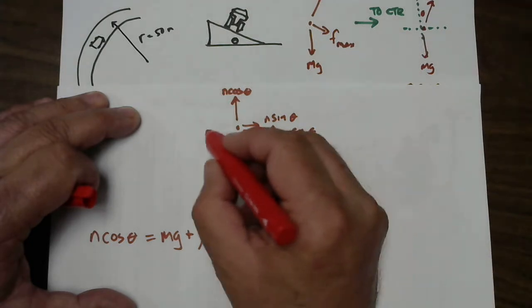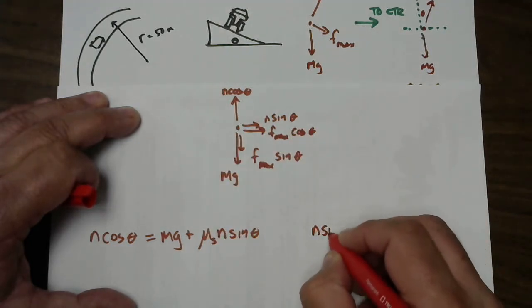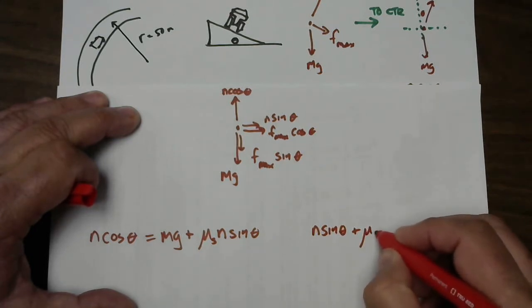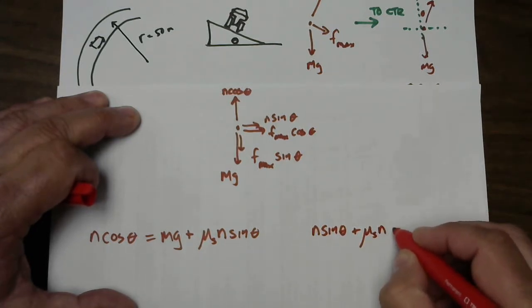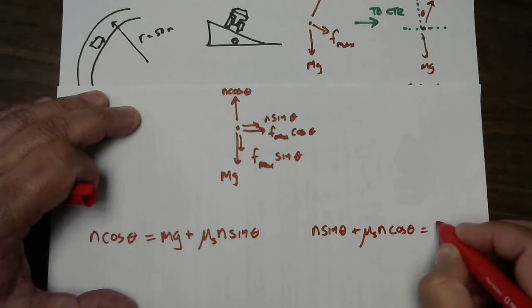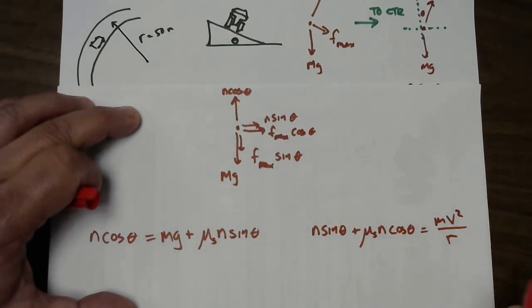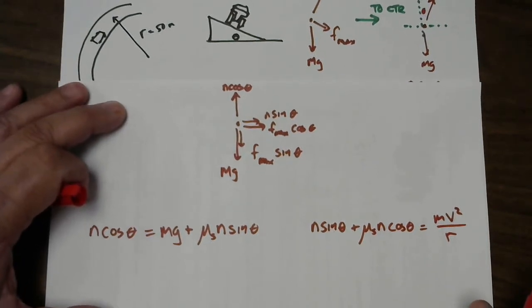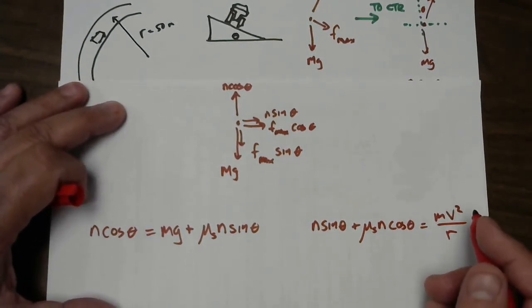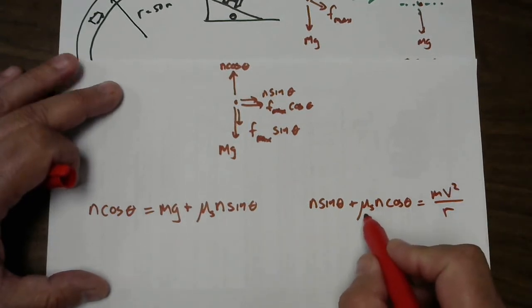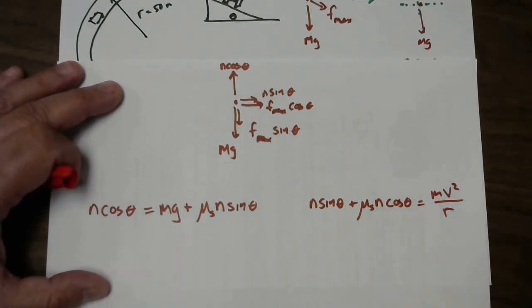Over here, for the horizontal stuff, we have N sine theta plus f max cos theta, and I'm going to write out f max as mu s times N cos theta, equals mv squared over r. These two together are providing my centripetal force. Okay, so now we have a system of two equations and two unknowns, and we're trying to find v, given a mu s.